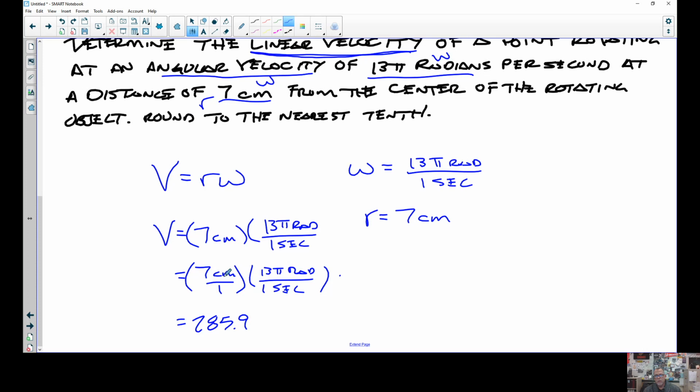And what are my units here? Centimeters times radians equals centimeters, and it's per second. So this is in centimeters per second, and we've got our linear velocity. Velocity is 285.9 centimeters per second.